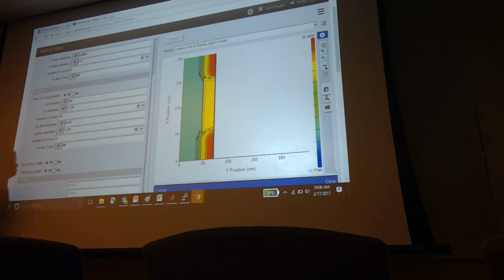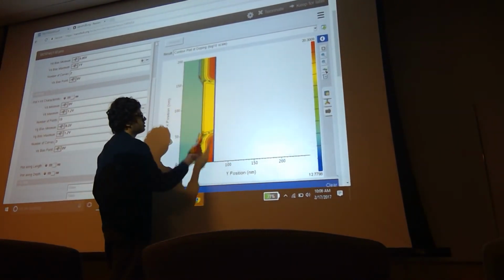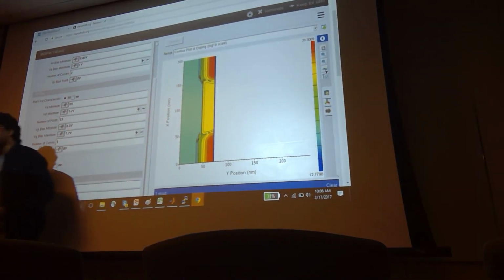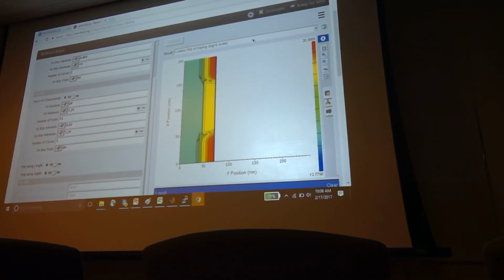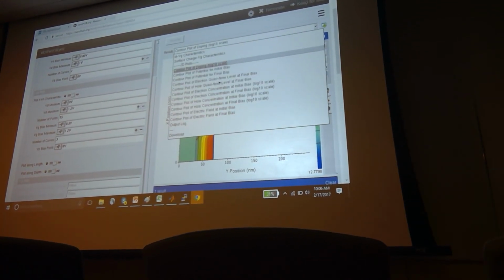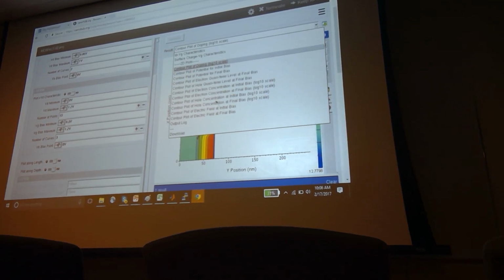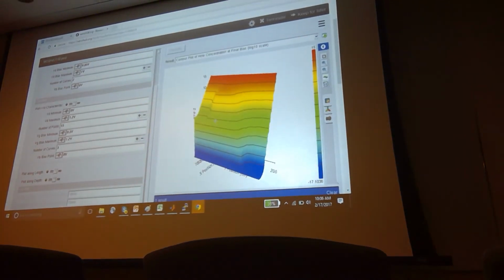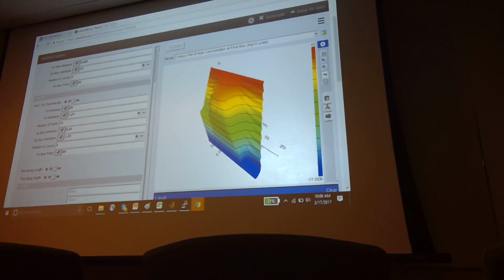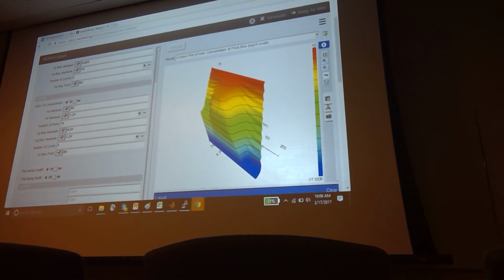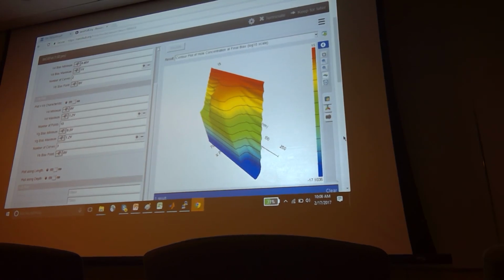So this is the transistor structure. You have N-doped regions and p-doped regions. You can also study how the concentration varies as you bias the transistor. This is your electron concentration at final bias. You can see how the electron concentration has increased. That's because you created the inversion.